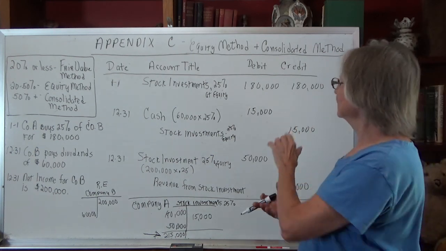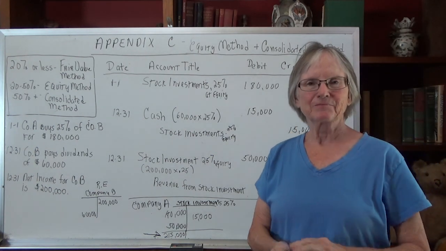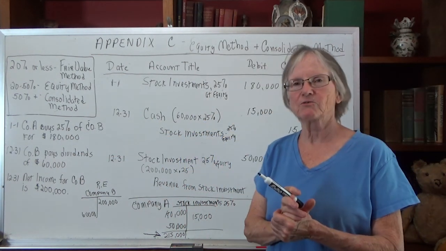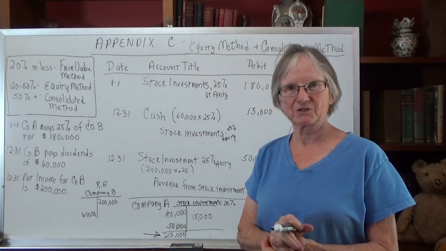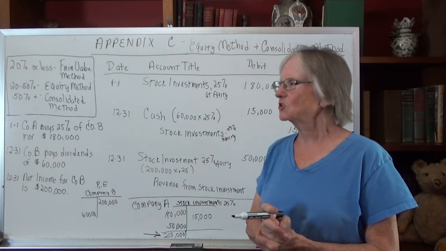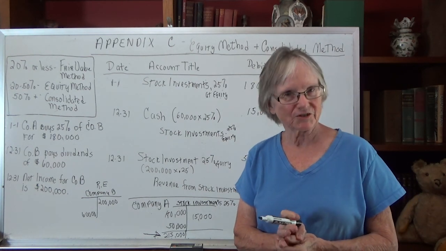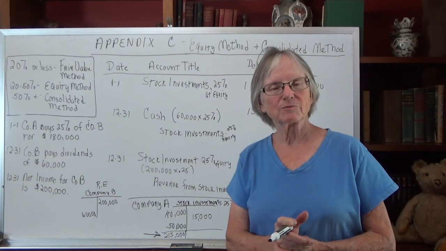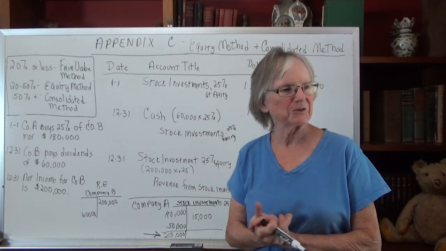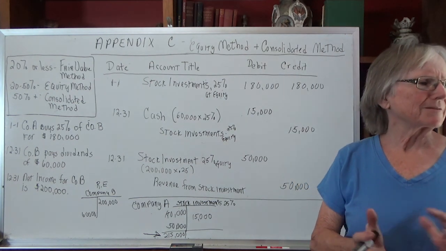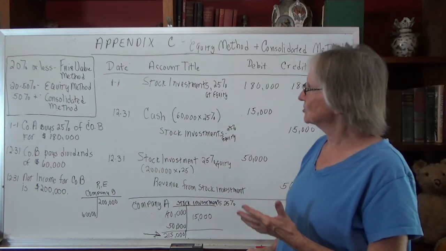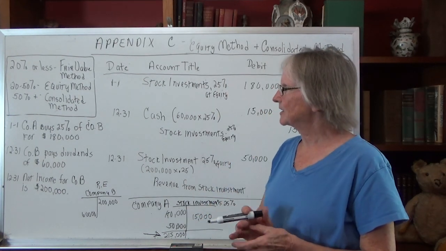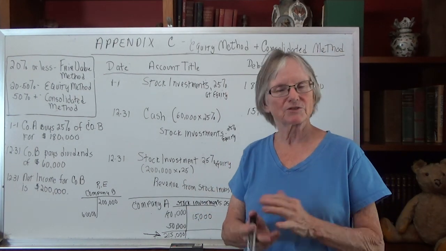I'll just briefly talk about the consolidated method. If we own 50% or more, we have enough votes to determine whatever happens with that company. And so we file consolidated financial statements. Mercifully, we're not doing any consolidated financial statements, but you have to know that that method is used. The investor, our company, would be the parent company, and the company that we bought would be a subsidiary.